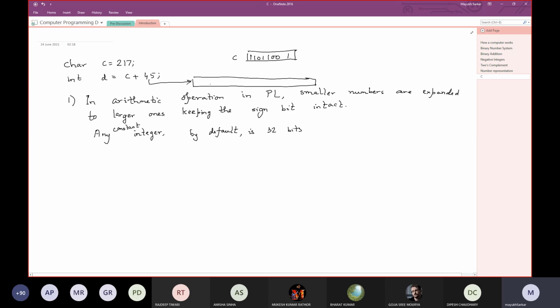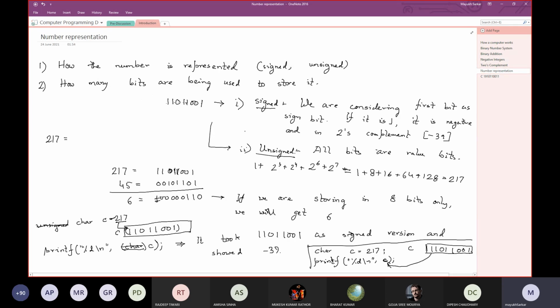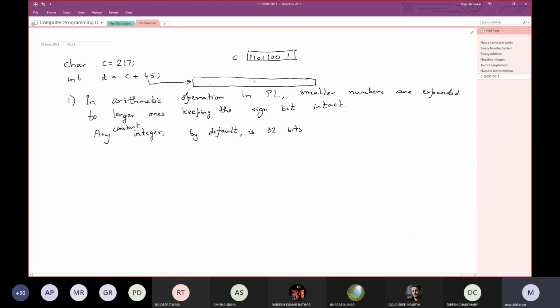So this was 00101101. I am not going to write the complete 32 bits, but you will get the idea. All the rest of the 24 bits are appended with 0. So this was 45, which prior to the calculation was fed to the other side of the ALU.